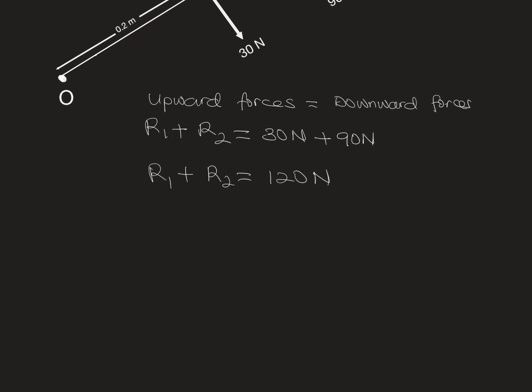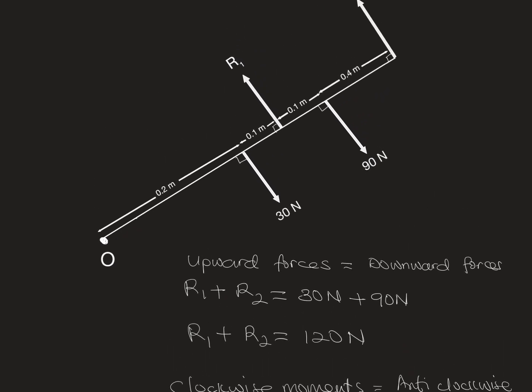We also have another principle of moment which states clockwise moments must be equal to anti-clockwise moments. So let's go and identify our clockwise moments. If O is the reference point or the pivot, the 30 Newton force is going to act clockwise.